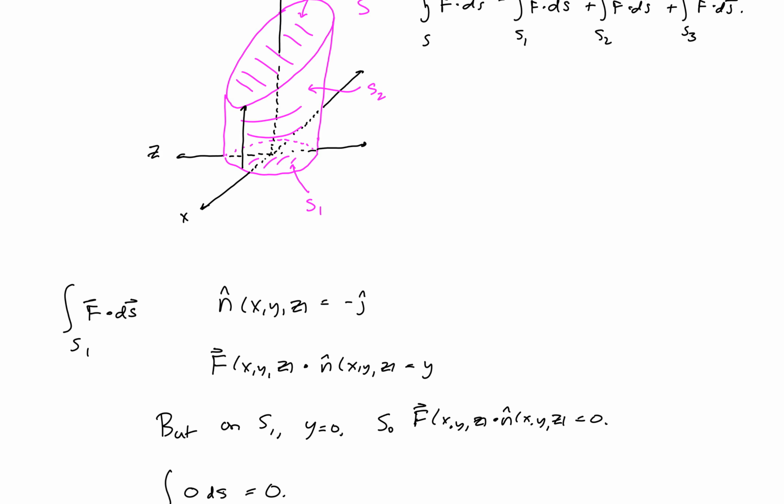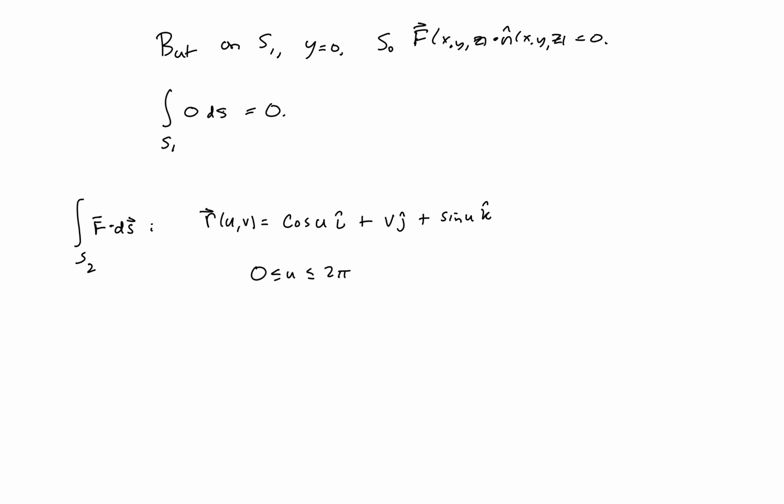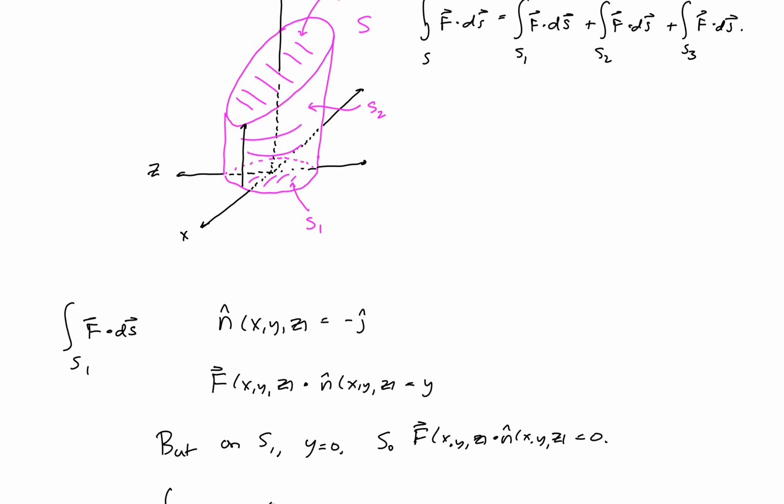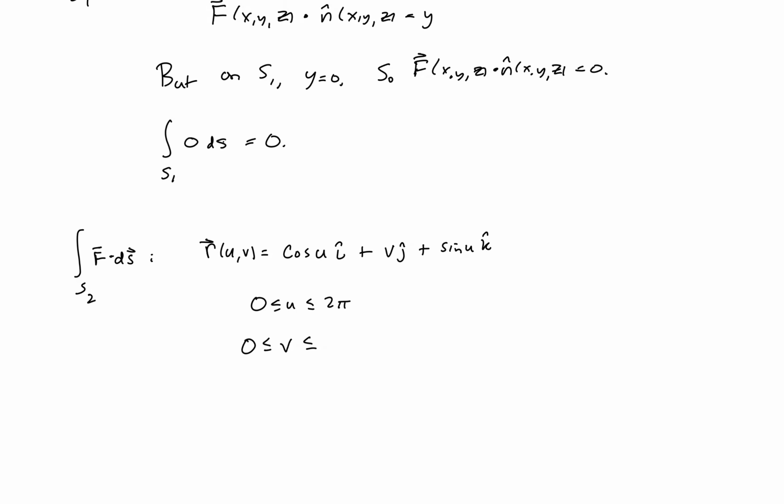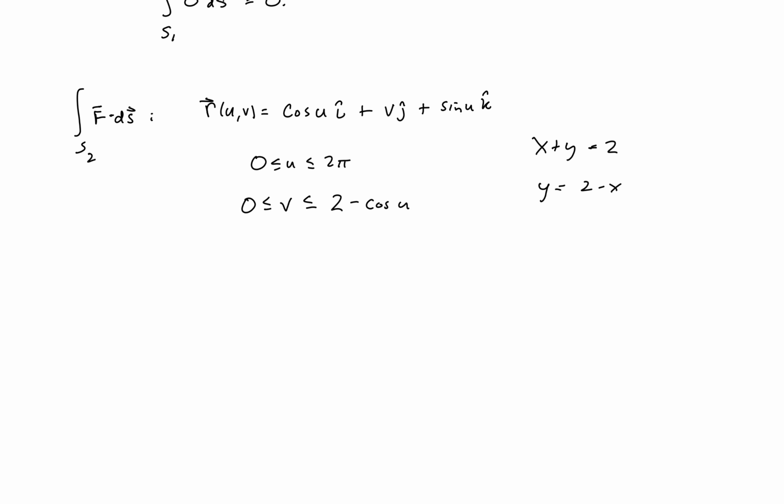I start when y is 0. So I want 0 less than or equal to v, but now I want to go up to that plane there. Remember, x plus y is equal to 2 is our plane at the top, and we've let x here be cosine of u, so we're going to go up to 2 minus cosine of u. y is equal to 2 minus x. So our bounds are a little bit trickier here.